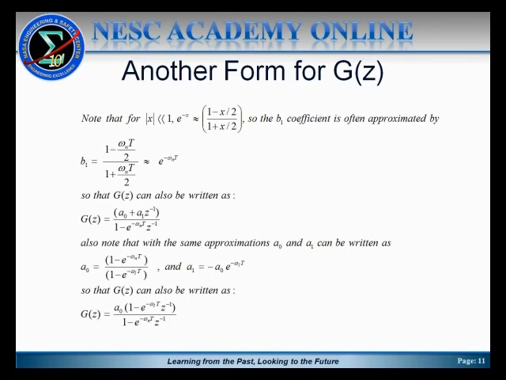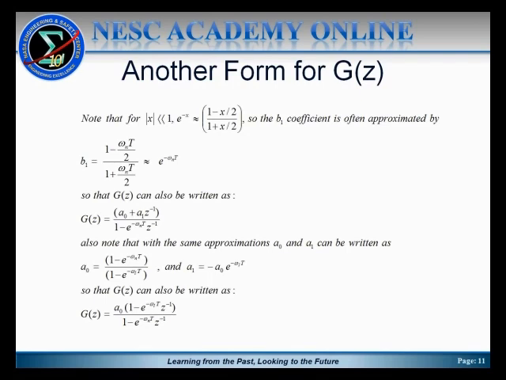So then you can write that expression g of z on the previous page as a0 plus a1 z to the minus 1 over 1 minus e to the minus omega n t times z to the minus 1, where again t is the sample time of that filter, or the update rate of the filter. Omega n is the lag frequency.